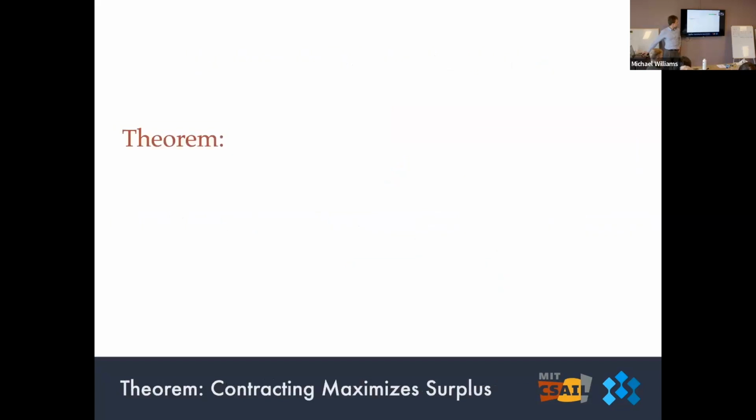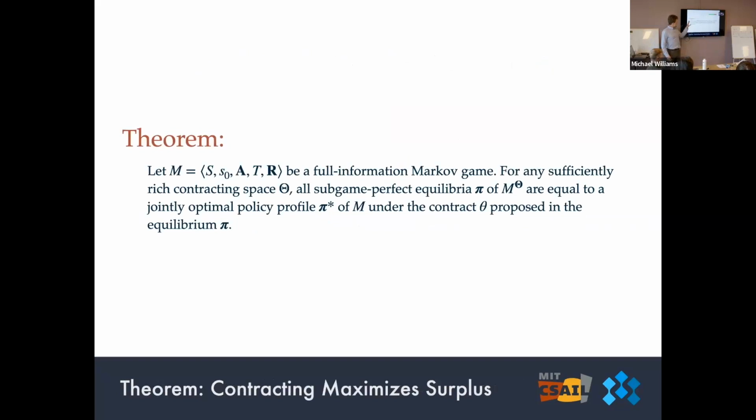Okay. First, in theory, we have a theorem for an arbitrary full information Markov game. Full information is important here; I'm going to talk about that in number 3. Then, for any sufficiently rich contracting space, all equilibria of the augmented game are equal to a jointly optimal policy profile of the original game under the contract proposed in the equilibrium.